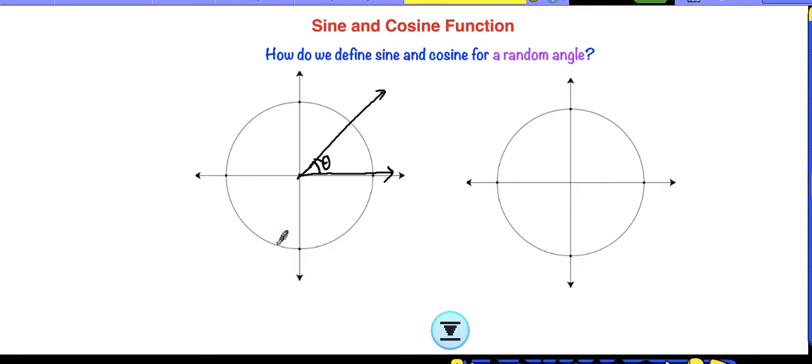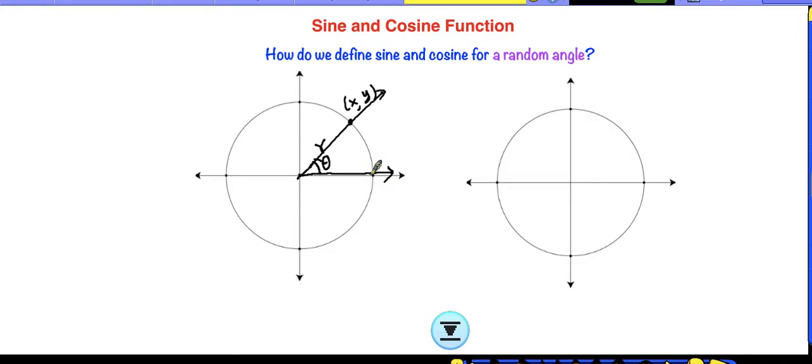We just give you the circle, but the center is our origin. This circle has a radius r, and the initial ray for this angle is always the x-axis. The terminal ray touches the circle at this point, let's say x and y. These coordinates, again, this is a random circle, not a unit circle.